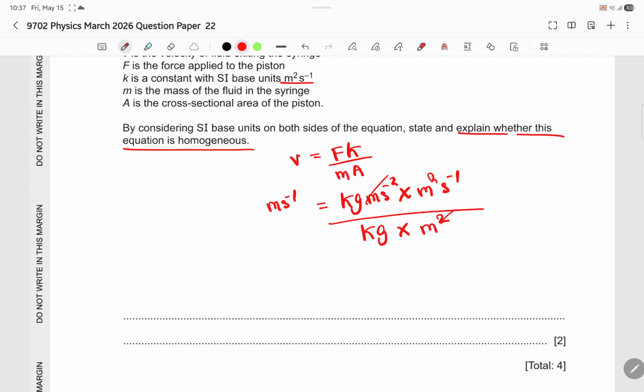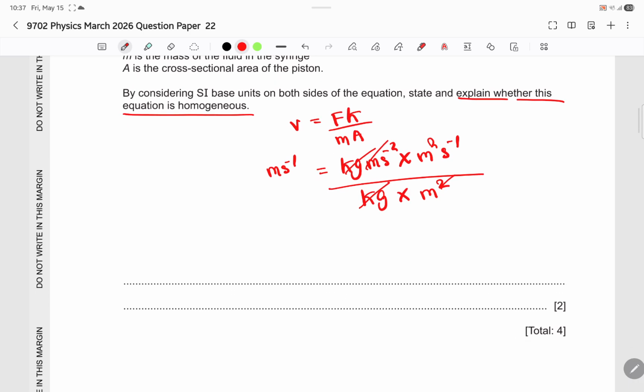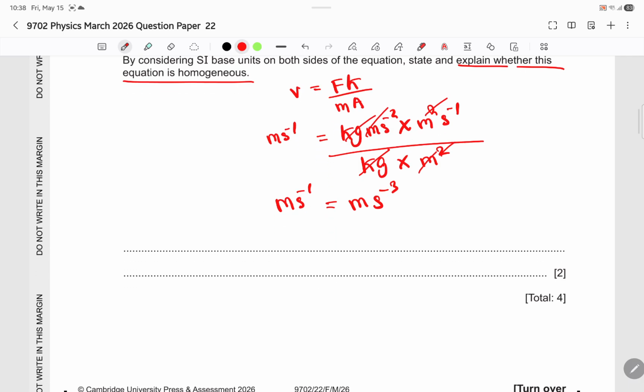Now let's cancel all this. Which leads to meter s to the power minus 3, and they are not equal to meter per second. Hence, it is not homogeneous.